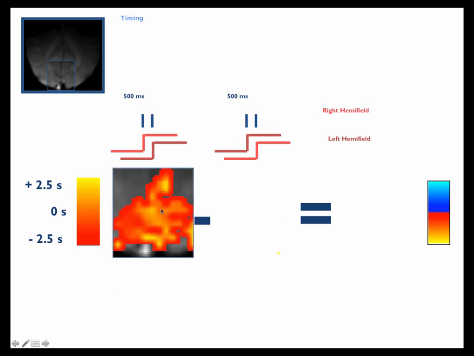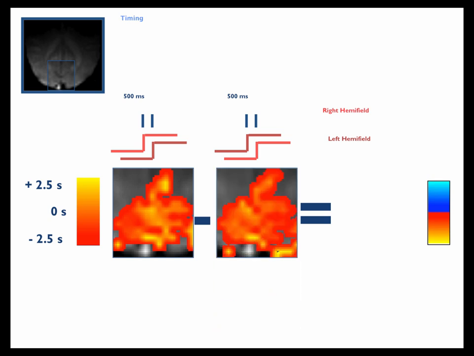If you actually look at the data, at the map itself, it's not clear how to choose your region of interest. In general, this side might look like it has a, these are maps of latency. This is plus or minus 2.5 seconds. It might look a little bit like this is happening before this, but there's so much spread, it's hard to see. So if you picked your region of interest just right, if you just made sure you had the same number of vessels on each side, then you might be able to get that.